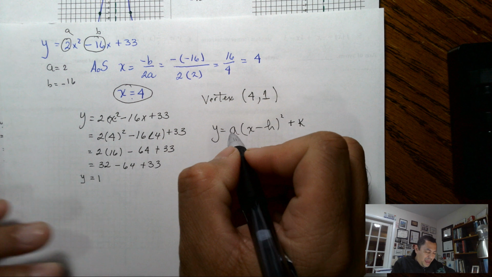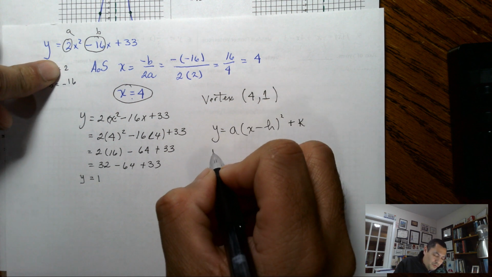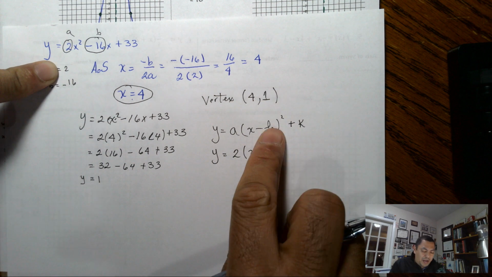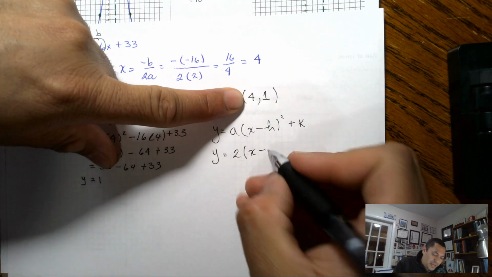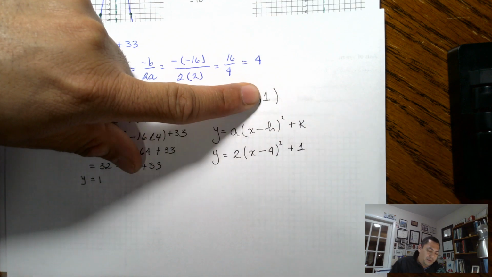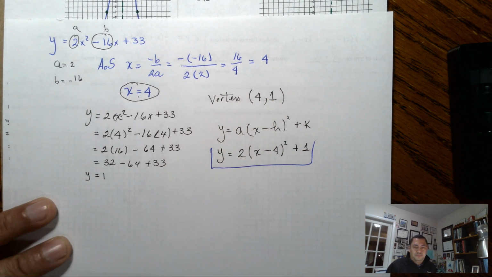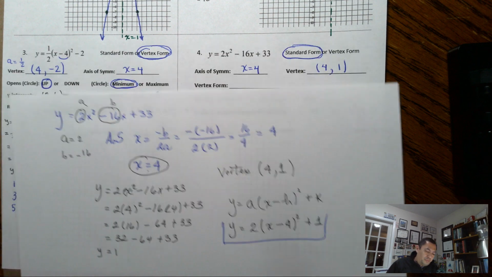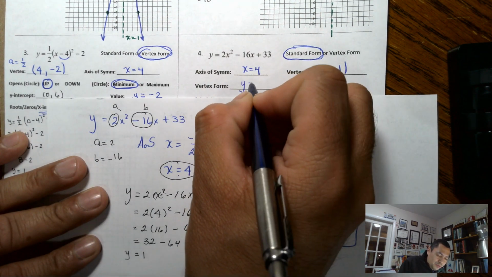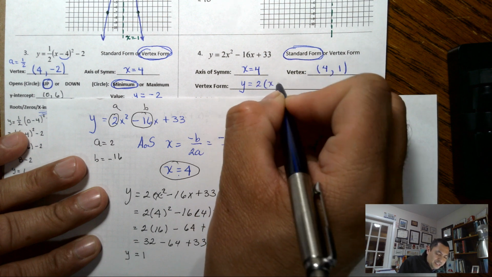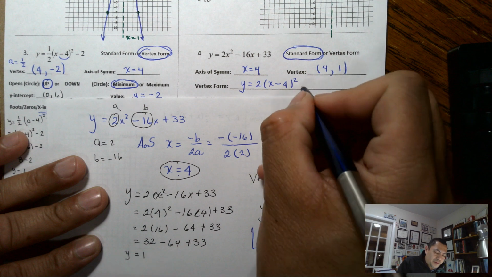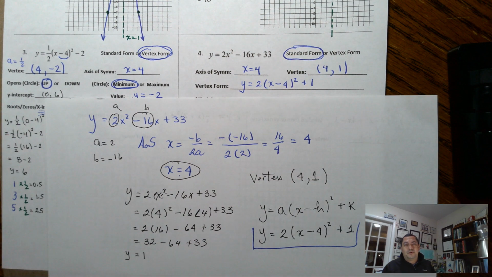I know a is 2, and I know h is 4, so y equals 2(x minus 4) squared plus 1. So this will be my vertex form. Okay, we're done with that one.